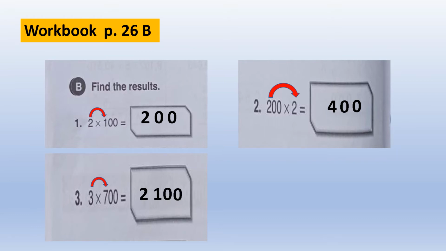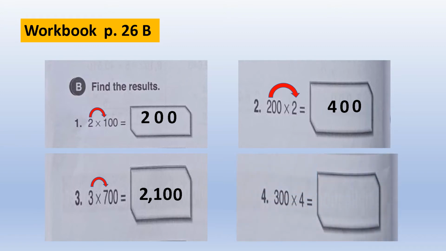But don't forget to put a comma after the third digit from the ones place. So the product is 2,100. So you say 3 times 700 is equal to 2,100.